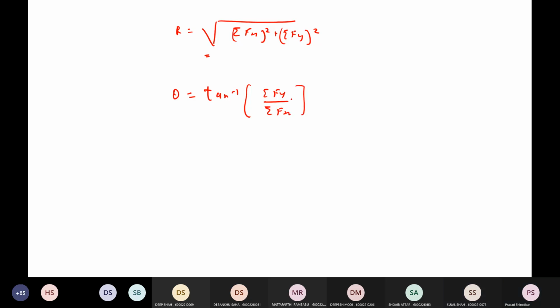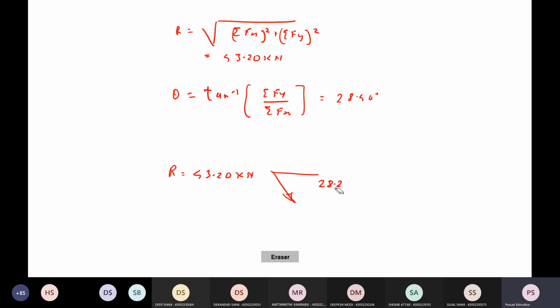Resultant is 43.20. Correct. 43.20 kilonewtons. So this is how you represent the resultant. R is equal to 43.20 kilonewton, and angle is 28.40 degrees.